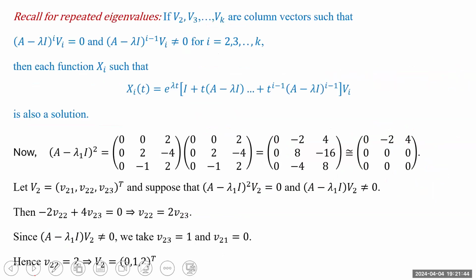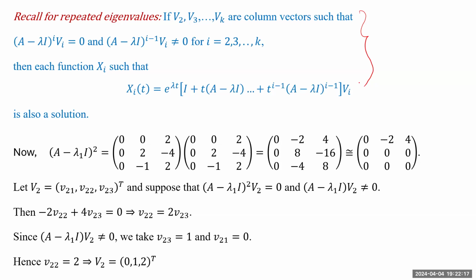And see, yesterday I was explaining in a rush because we reached this at the last minute. So just to recall, if the eigenvalue is repeated k times, then after identifying V1 by the previous procedure, we need to find the generalized vectors V2, V3, and so on up to Vk.